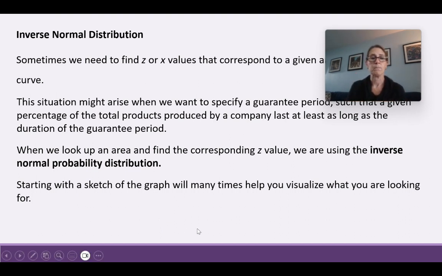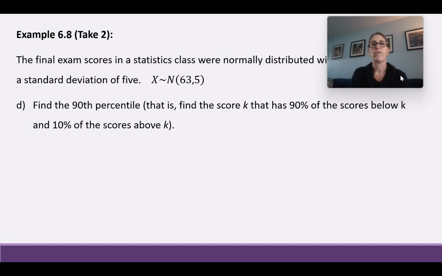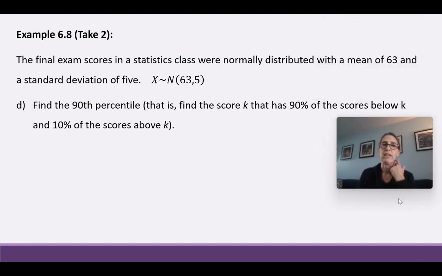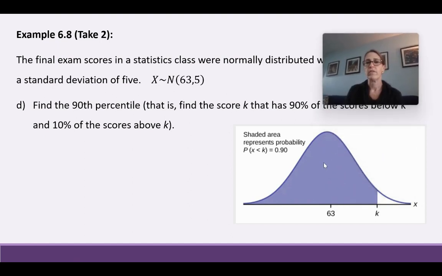So here's our first example, back to those final exam scores in the statistics class that were normally distributed with a mean of 63 and a standard deviation of 5. We want to find the 90th percentile, the critical value, the score K, that has 90% of the scores below K and 10% of the scores above K. So a picture of this would look like this.